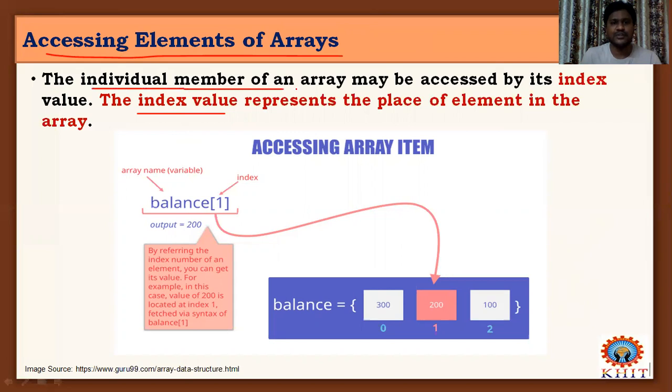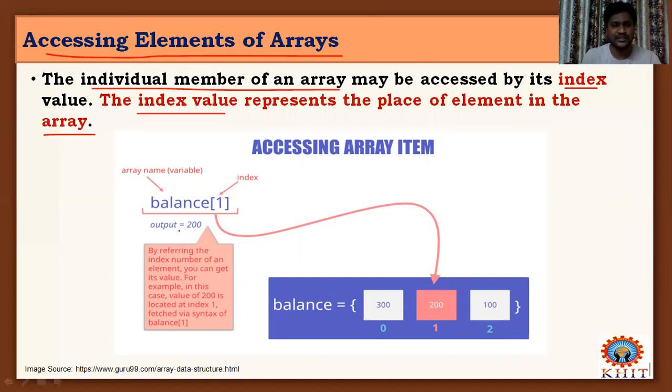The individual member of an array may be accessed by index, and the index value represents the position of the element in the array. The index of an array automatically starts from 0.